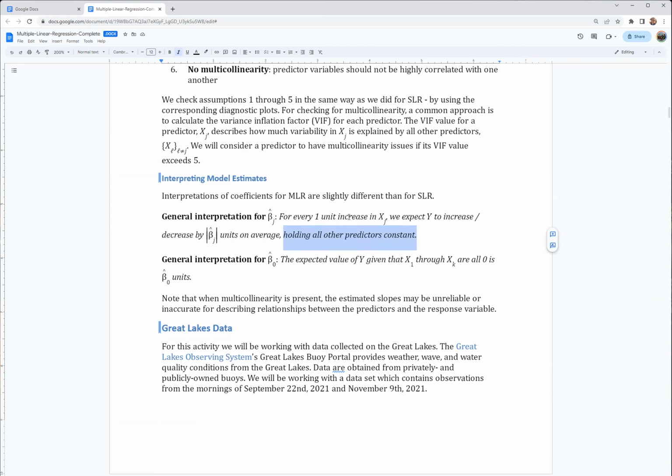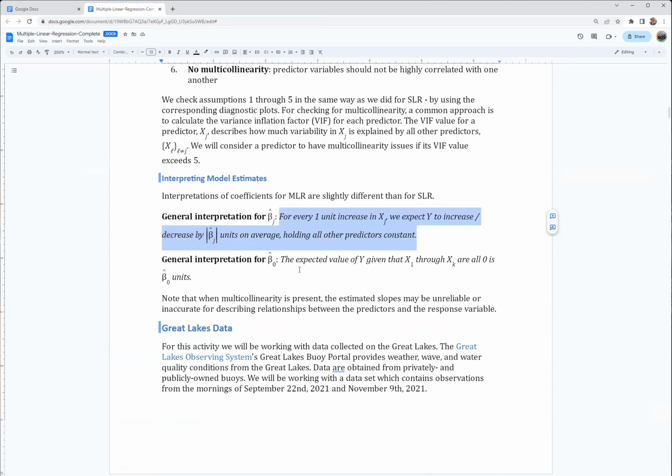We can only describe the relationship between xj and y if we condition on all the other x's besides xj being held constant. If you allow other things to change simultaneously, it gets too complicated to interpret in a single sentence like this. So that's why we do this, just for interpretability.